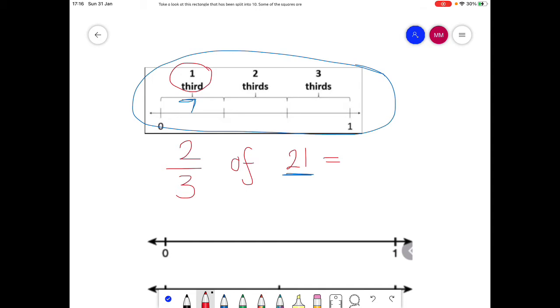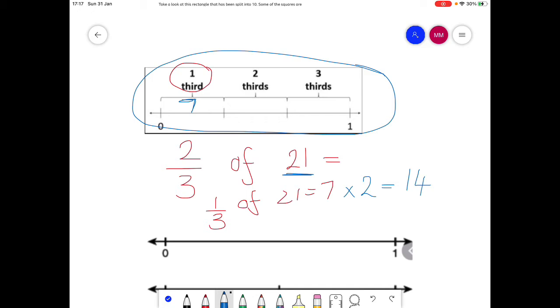And to find 2/3, we'd have to multiply that answer by 2 to get 2 of them. So 1/3 of 21 is 7, so 2/3 would be 2 times that amount. What is 2 times 7, boys and girls? The answer would be 14.